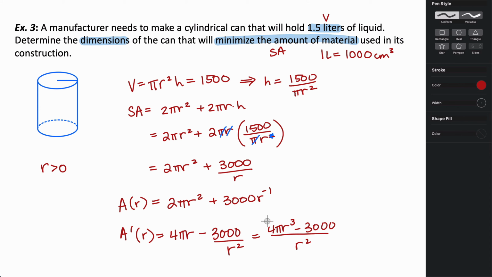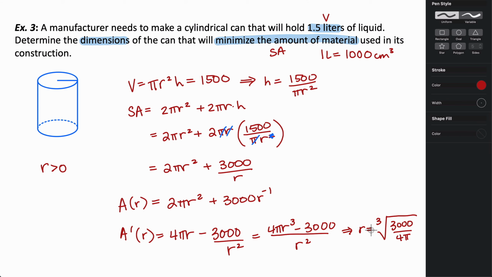If I go through the process of solving this, I'm going to get that r is equal to the cube root of 3,000 divided by 4 pi. So that's what r would be. That number is going to be positive, so it's going to be greater than 0.